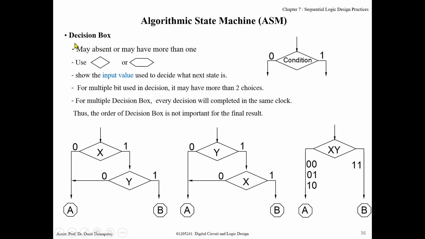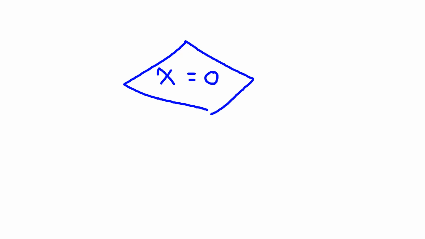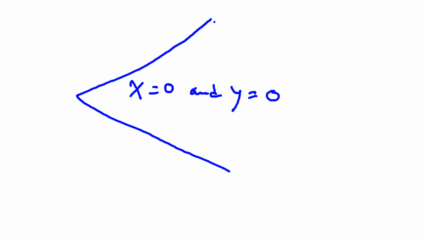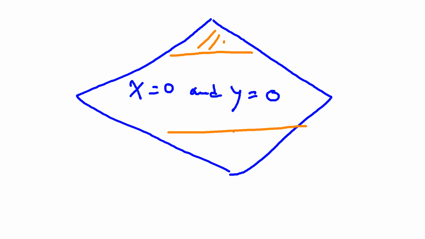And the decision box. For the decision box, you may write it in this style or this style. For example, if x is an input, sometimes we check whether x is 0 or not, right? This is a condition box. But if it's quite a long condition, for example, x is 0 and y is 0, writing this style of condition box takes a large space.